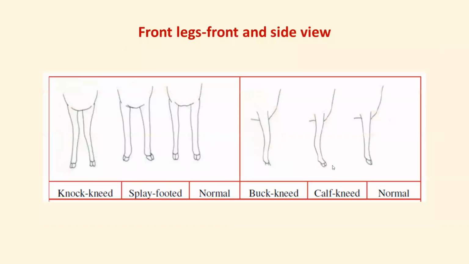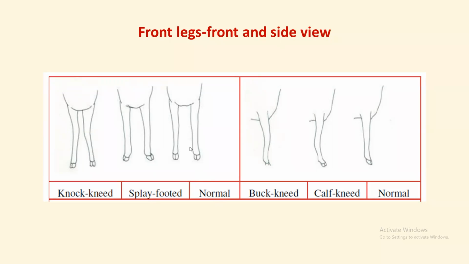Now here you can see the front legs, how the front leg of the buck should be. If you see the front leg from the front side in the first part of the diagram, these are the three leg patterns. The third is the normal. You compare the knock-kneed, splay-footed, and the normal front leg of the animal.